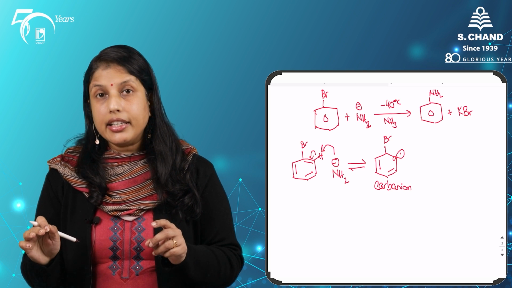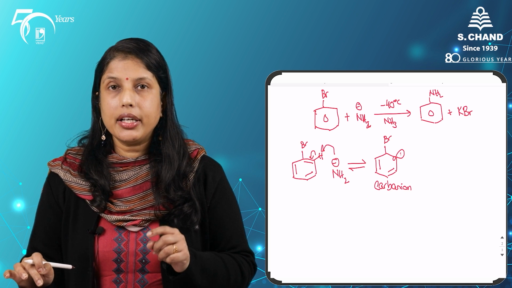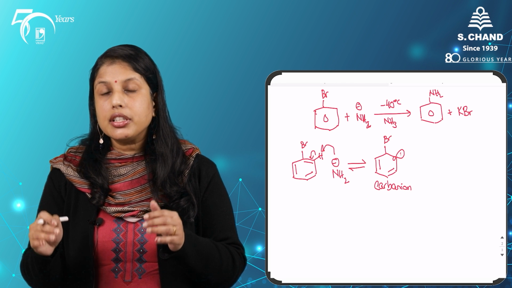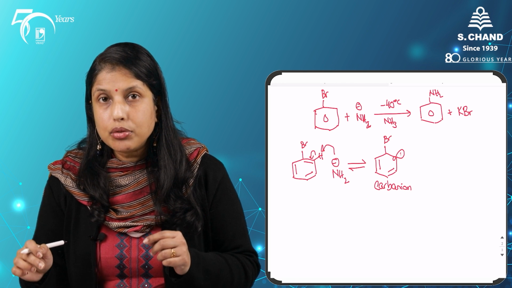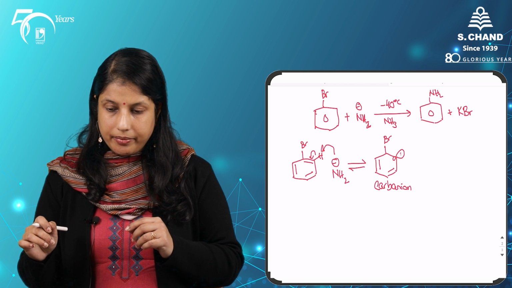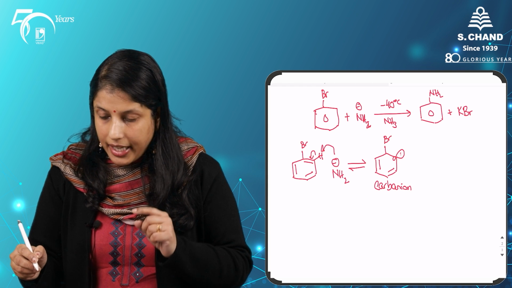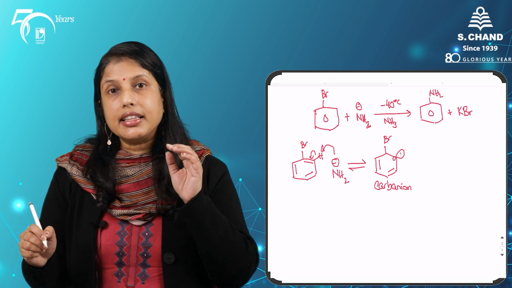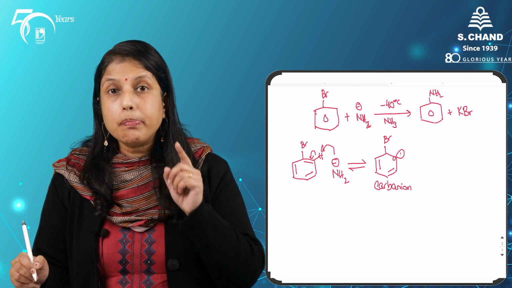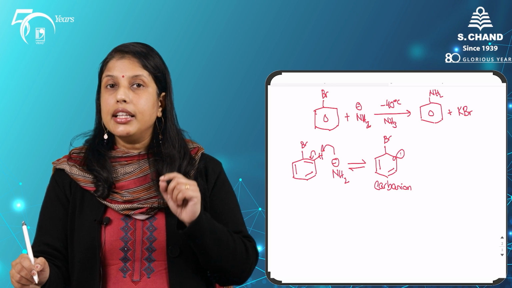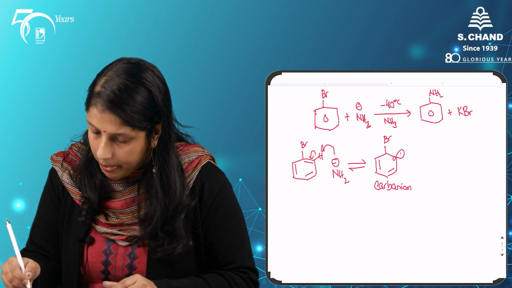You will notice here that in this carbanion, the negative charge lies on an sp2 hybridized orbital. In the next step, what happens is that this carbanion will expel the bromine in the form of a Br-.